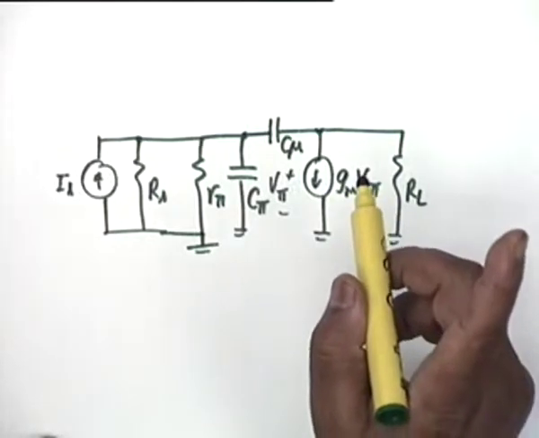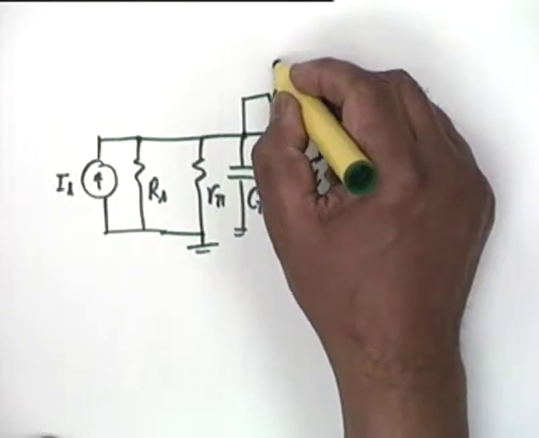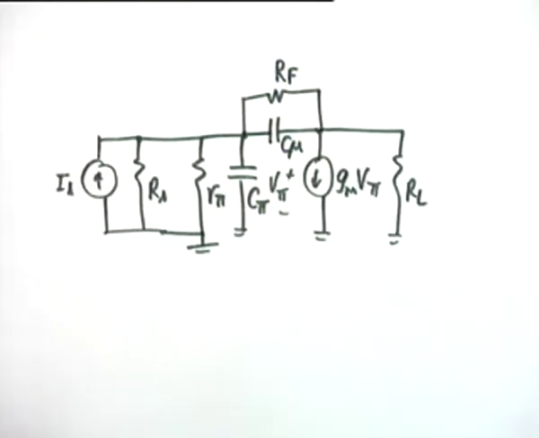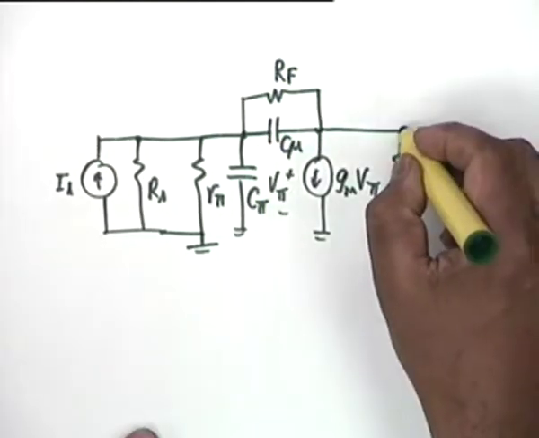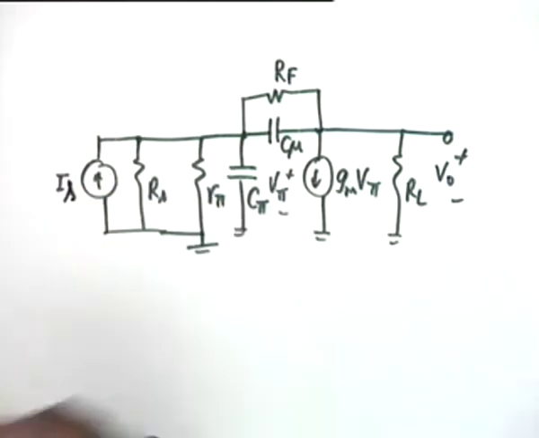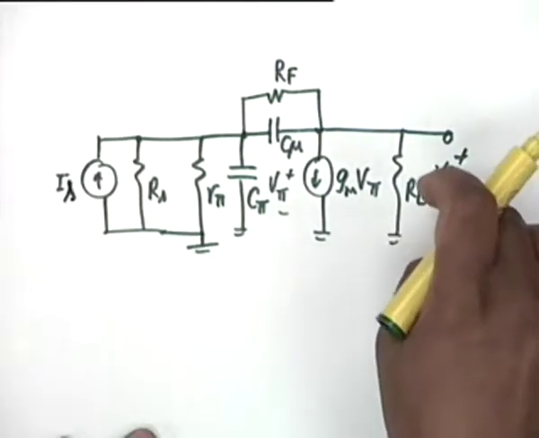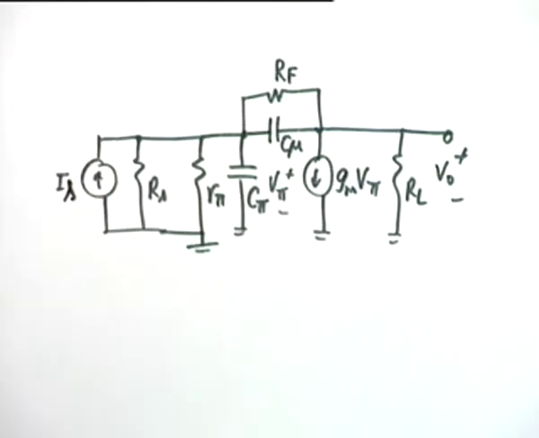Now you have introduced a feedback. In parallel with C mu you have introduced a resistance RF. What we have to calculate is V0 by IS. So it is a trans impedance amplifier, V0 by IS. That is what I have to calculate.